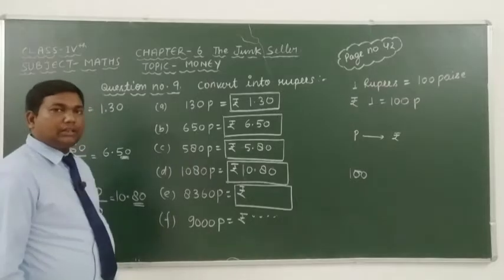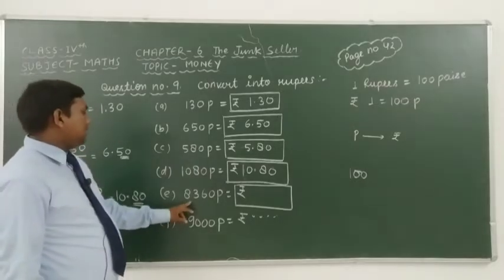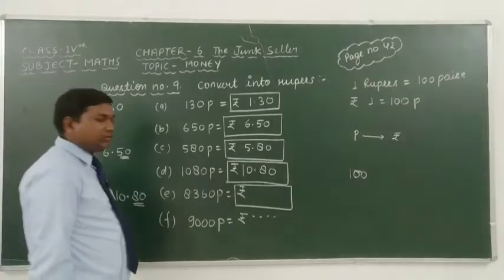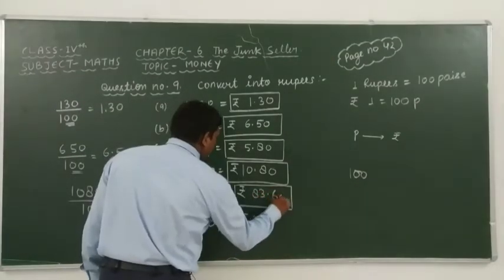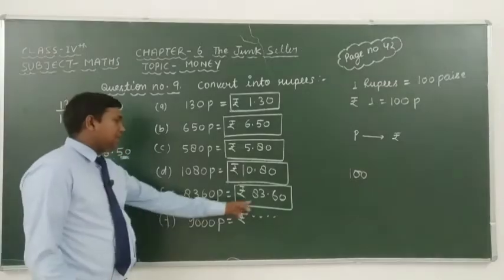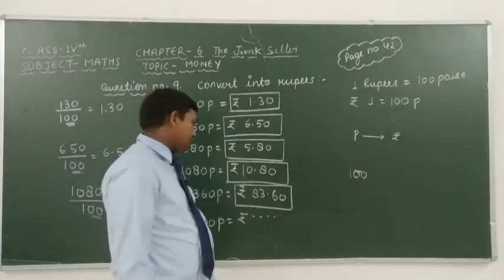Similarly in this question, given 8360 paise, therefore 8360 paise is equal to 83 rupees 60 paise, which means 83.60 rupees.